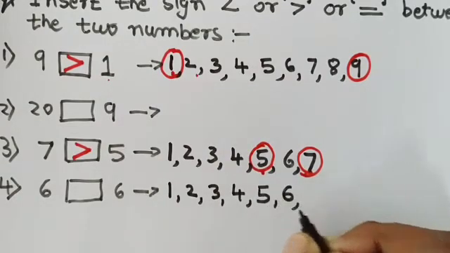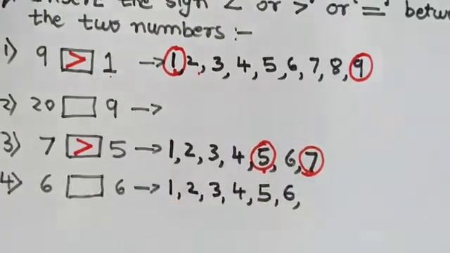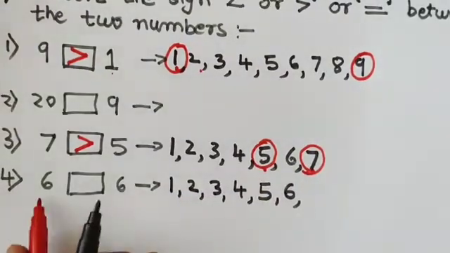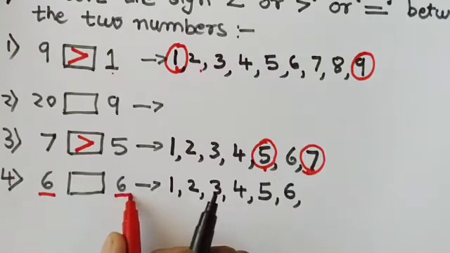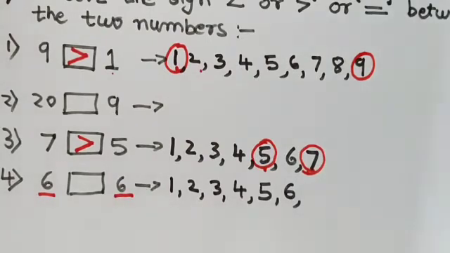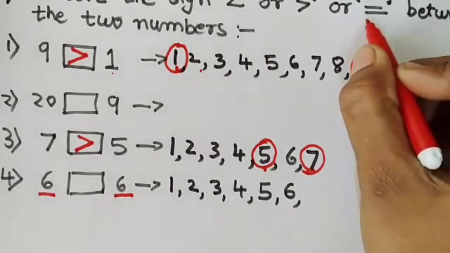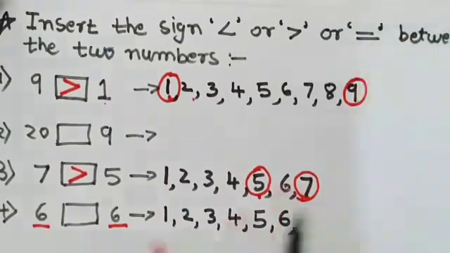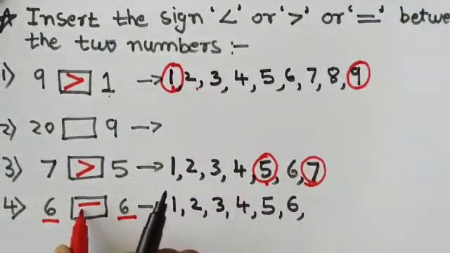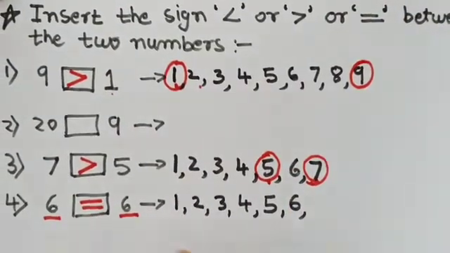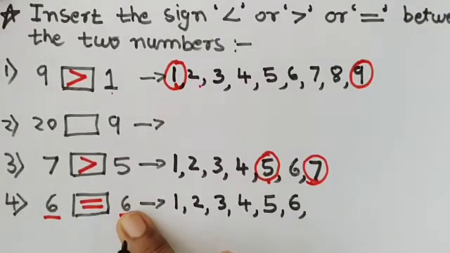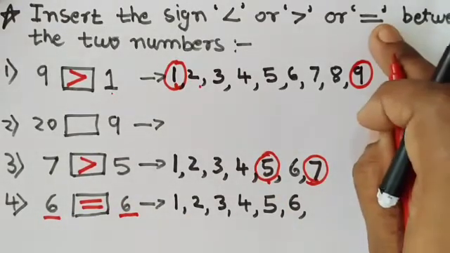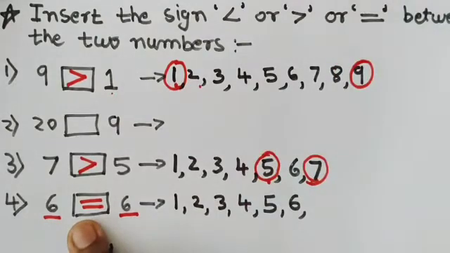Because these 2 numbers are both the same. 6, here also we have 6. So we will put the sign of equals to because they are both the same. Because equals means same. Okay?